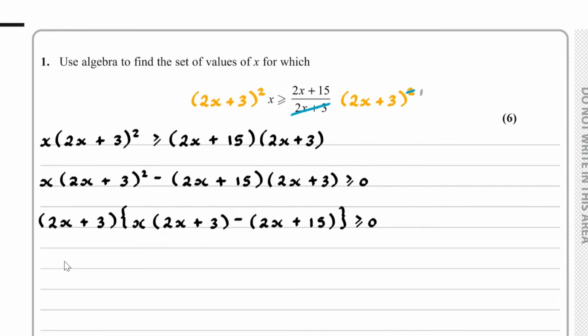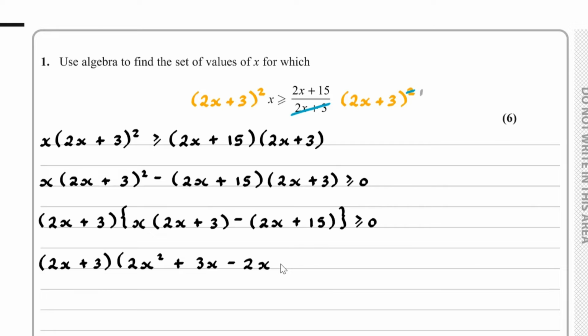Now what we can do is expand this bracket. So we've got 2x plus 3 being multiplied by, well, x multiplied by 2x. We end up with 2x squared, x multiplied by 3, that's 3x, negative 1 multiplied by 2x, that's negative 2x.